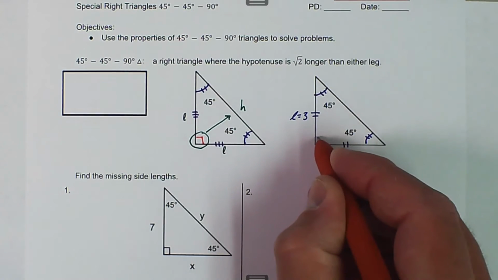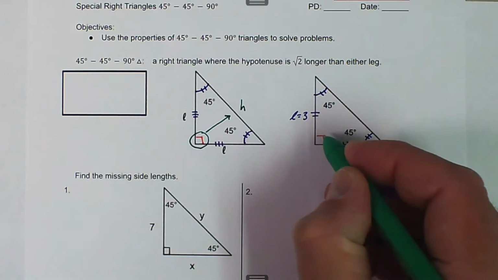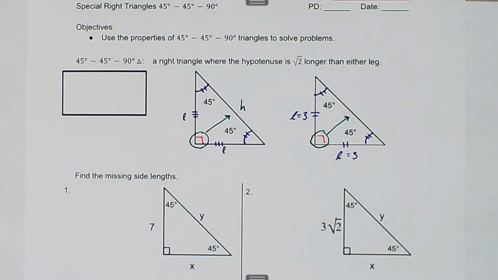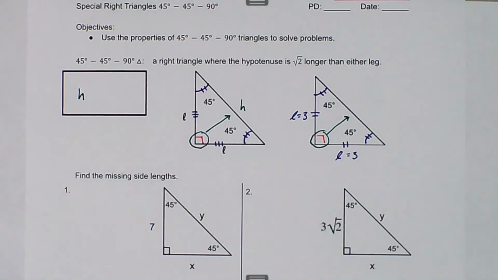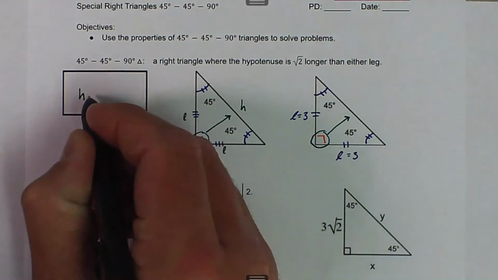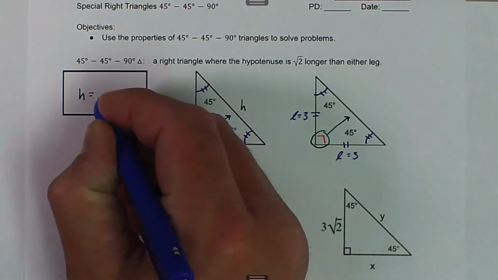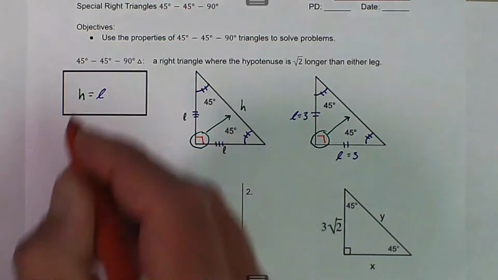Now, this is a 45, 45, 90-degree triangle. So that means that this is our hypotenuse over here, opposite the 90-degree angle. And now there's a special relationship that's written right here where the hypotenuse is equal to the length of the leg multiplied by the square root of 2.